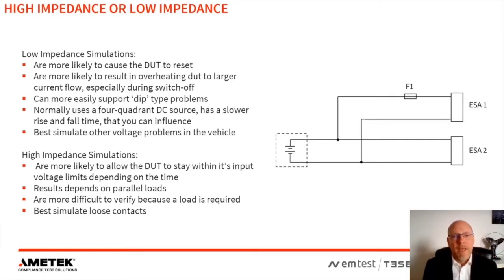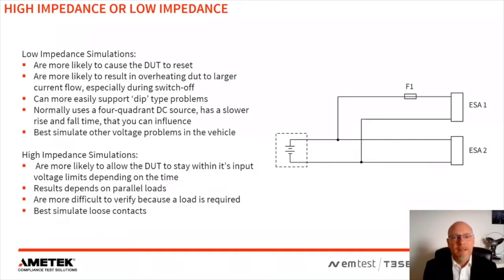Normally we use a 4-quadrant source, and a 4-quadrant source has the benefit that you can influence the rise and fall time, but it's not infinitely fast. The source has a very specific rise and fall time that is slower than you would get with a switch, a high impedance simulation.